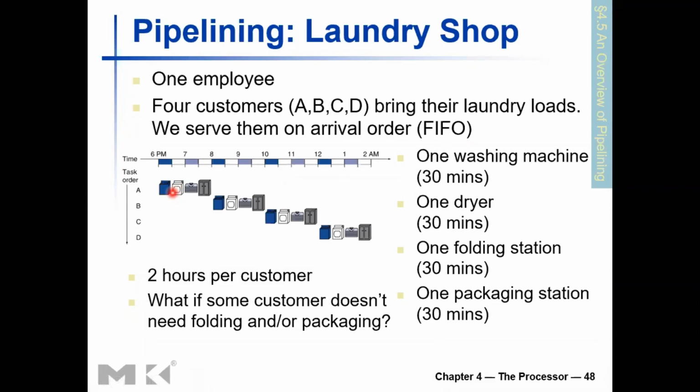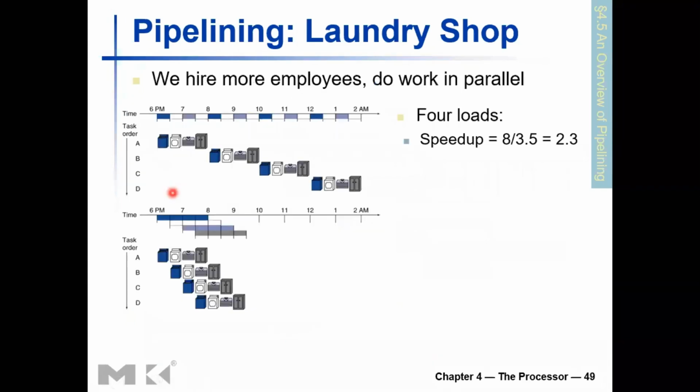Okay, so how do we put our pipelining concept on this? We hire more employees for our shop and try to do work in parallel. In the earlier scenario, when our employee was folding a load of laundry, the dryer was idle, the washer was idle, and the packaging station was idle.